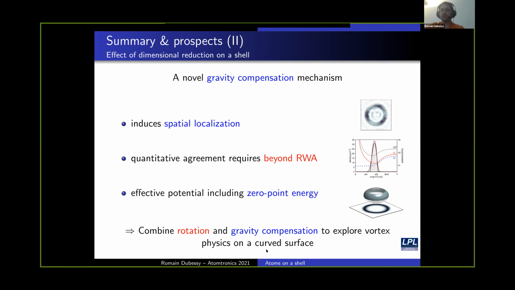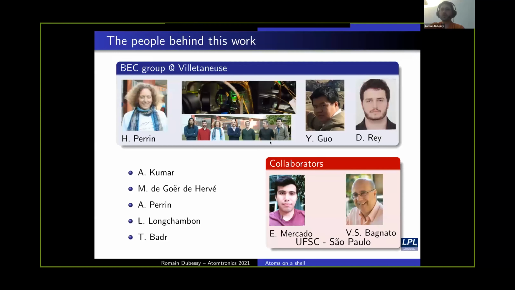Now we would like to combine both this effect and the rotation to explore vortex physics on this curved surface. With this, I thank my collaborators, and especially the group of Vanderlei Bagnato, with whom we collaborate on this subject. And I thank you all for your attention.